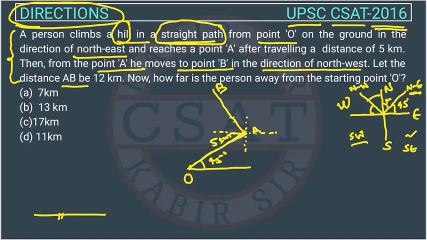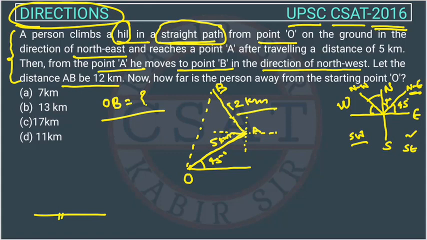Let the distance between A and B be 12 kilometers. How far is the person from the starting point? So now we have to find the distance between O and B, this dotted distance.